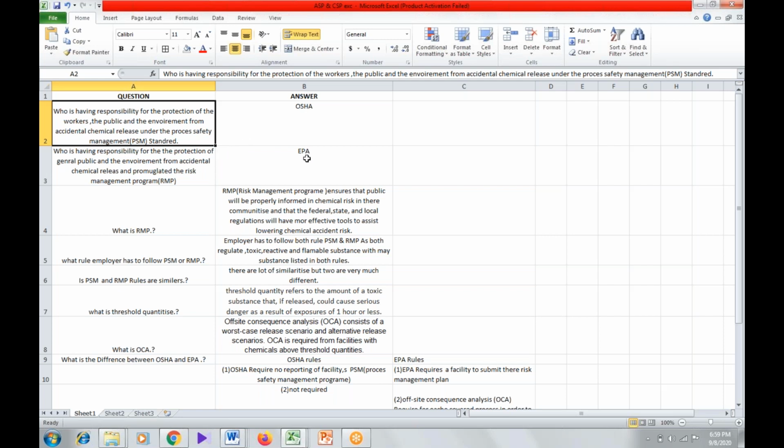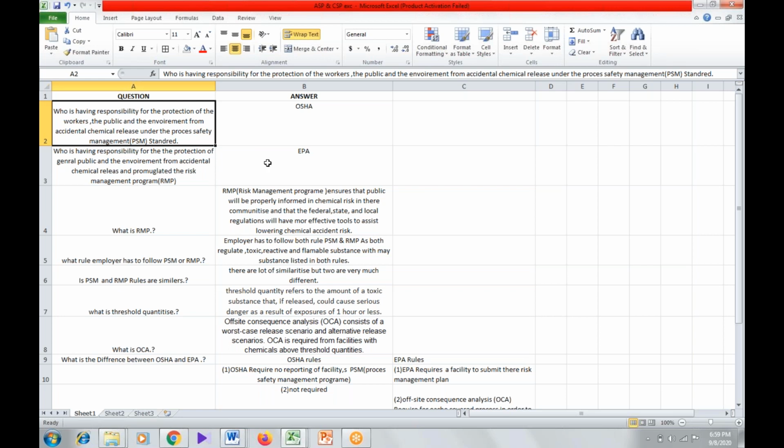And what is EPA, Environmental Protection Authority? EPA has responsibility for the protection of the general public. The first question mentions the worker, but the difference between EPA and OSHA is that they mention the general public and the environment from accidental chemical release, and EPA promulgated the Risk Management Program, RMP.